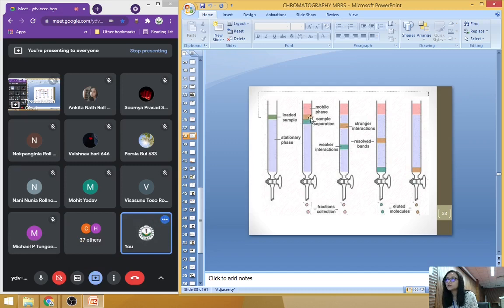So this green color sample has weaker interaction with the stationary phase. So it will flow faster. Whereas this yellow color sample has stronger interaction with the stationary phase. So it will flow at a lower rate. Okay. Then as this green color will come down, we can collect it, and then separately this yellow color.